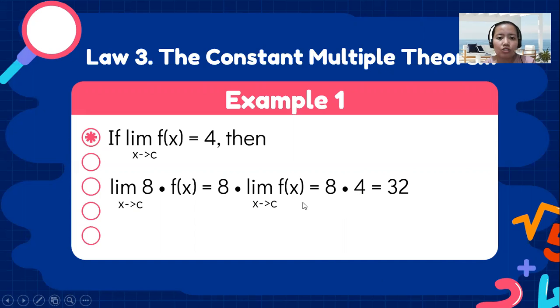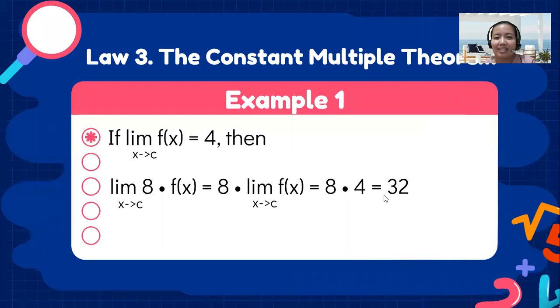We will just substitute the value of the f of x, which is 4. Therefore, we have 8, our constant, multiplied by the value of f of x, 4, and the result is 32, which is 8 times 4.